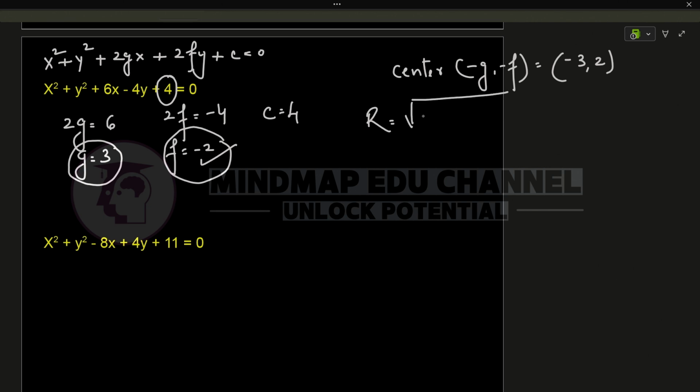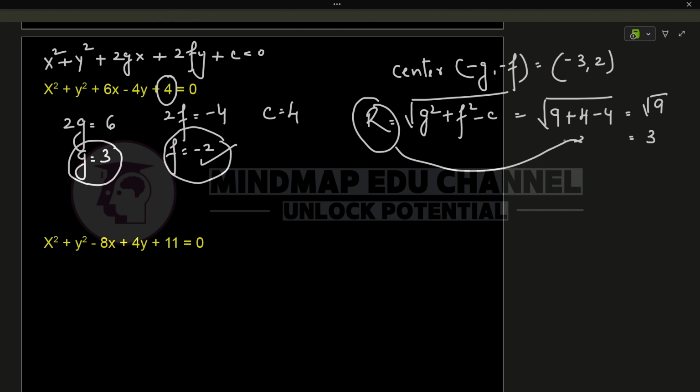The radius is given by the square root of g square plus f square minus c. So the value of g is 3, 3 3s are 9. Minus minus will become plus, therefore f is minus 2, 2 2s are 4, and the value of c is 4. So we get root 9, and root 9 is 3. So the radius of the circle is 3 units.